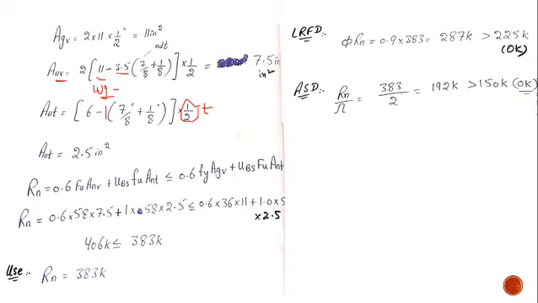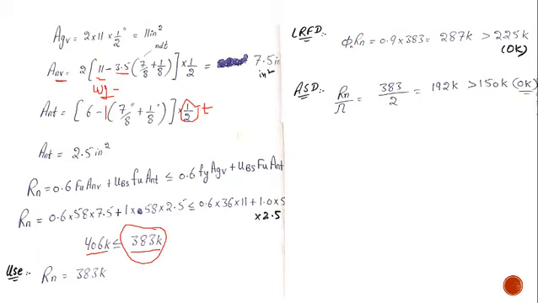You have just calculated and sorted out, and ultimately you have obtained 406 kips and 383 kips. You have to select the lower of these two values. These two values have been obtained from the right hand side and left hand side, but you have to select the lowest. So this is my block shear strength.